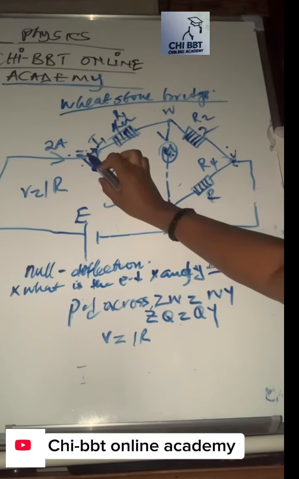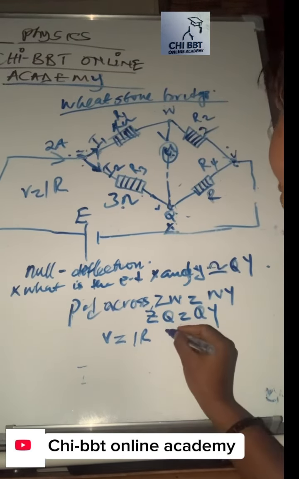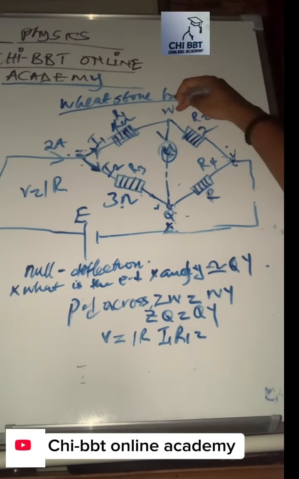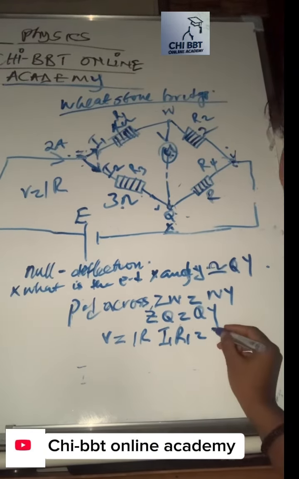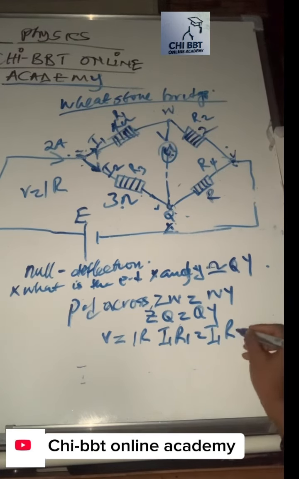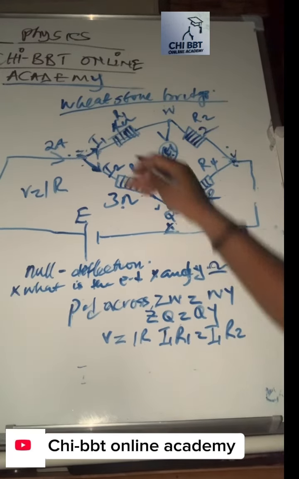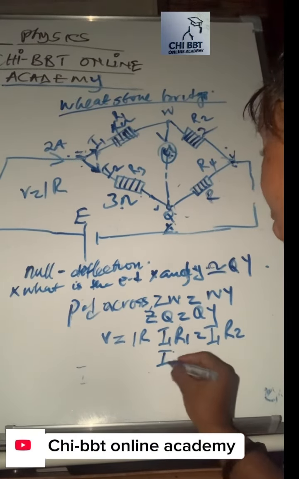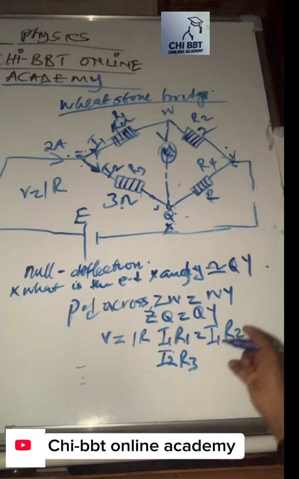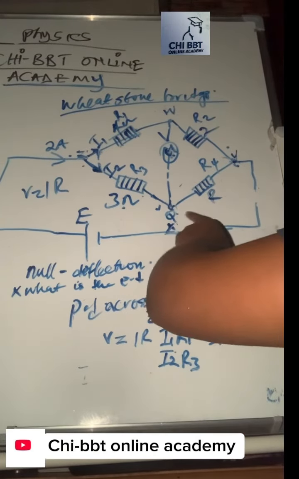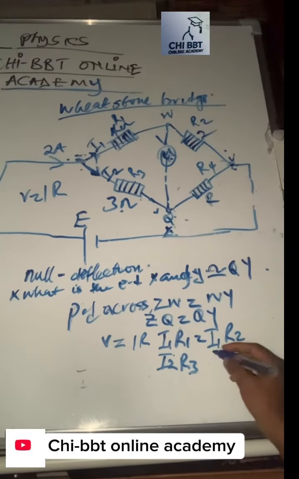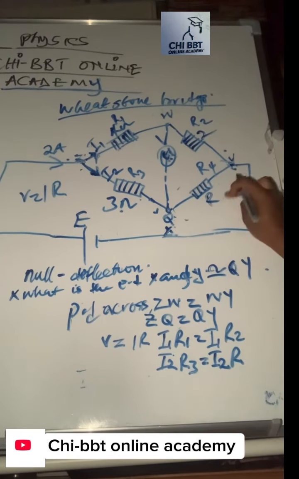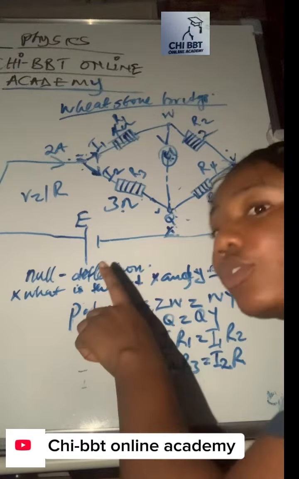The potential difference across Z and W will give you I1 R1, equal to the potential difference across W and Y, which will give you I1 R2. Then the potential difference across Z and Q will give you I2 R3. The potential difference across Q and Y will give you I2 arrow. That's our unknown arrow.